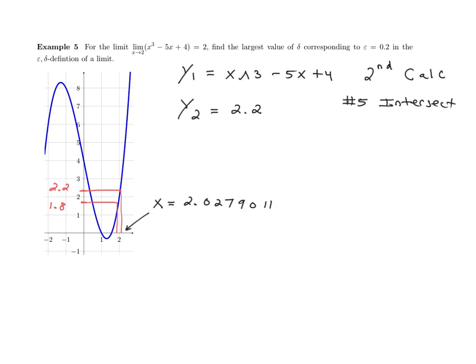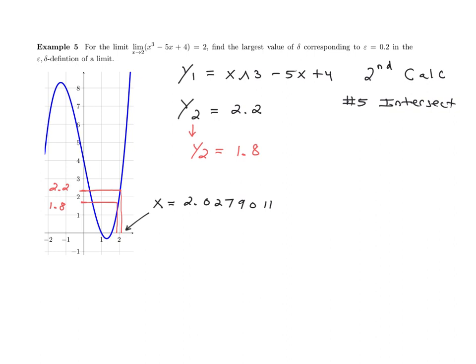Now we want to do this process again, but this time we're going to swap out y2 from 2.2 to 1.8. So now this will graph in the xy plane, and I'll go second calc, choose intersect, and try to find this point here and its corresponding x value. Okay, so I have the graph. I hit second calc and chose intersect.